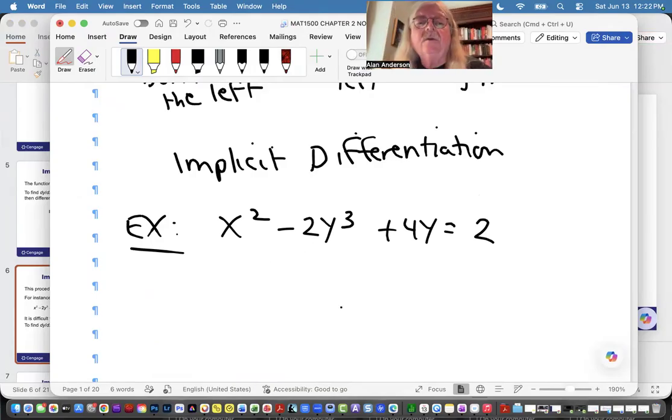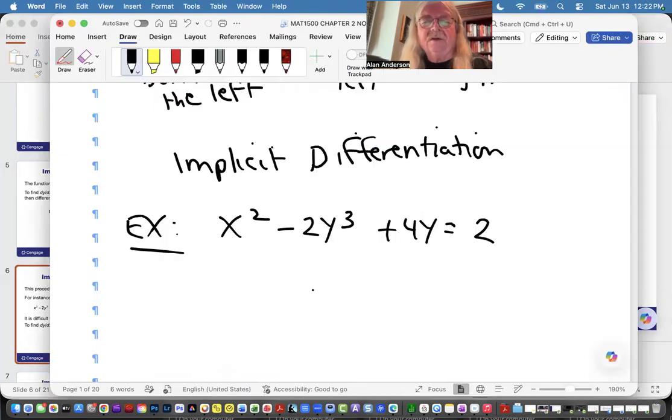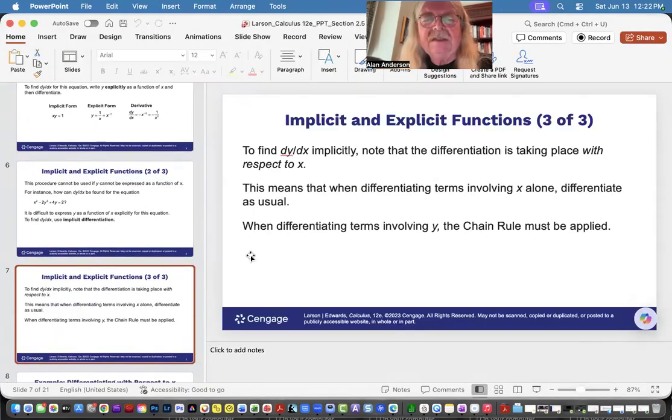Again, it wouldn't be impossible to get the y's isolated on the left, but I think you'll agree it would be very tricky. So what we're going to do instead is use this technique. It's going to change the way we approach the derivatives, though, because differentiating y is going to be different than differentiating x. So how are we going to do this?